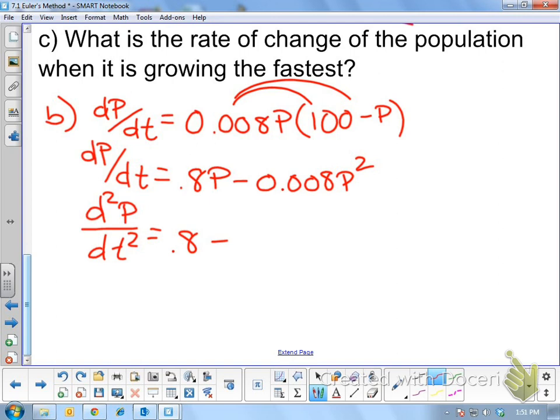Derivative of p is 1. And then it would be 0.16p. And we're setting this equal to 0.